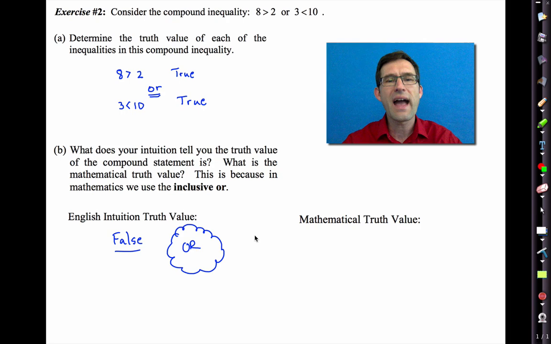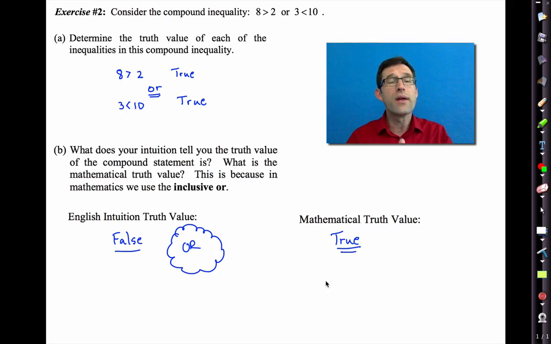But the plain fact is that in math, the way that we do an or statement is what's called the inclusive or, which means that when I give you an or statement, that an or statement will be true if at least one of the two statements or three or four statements is true, but they can also all be true.